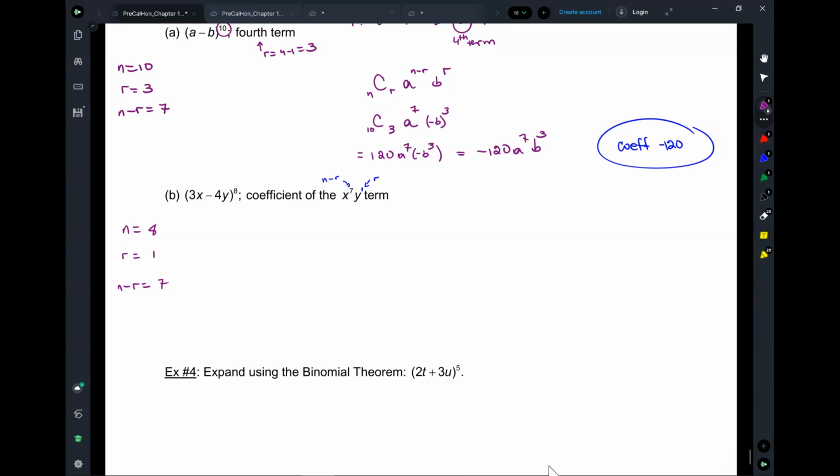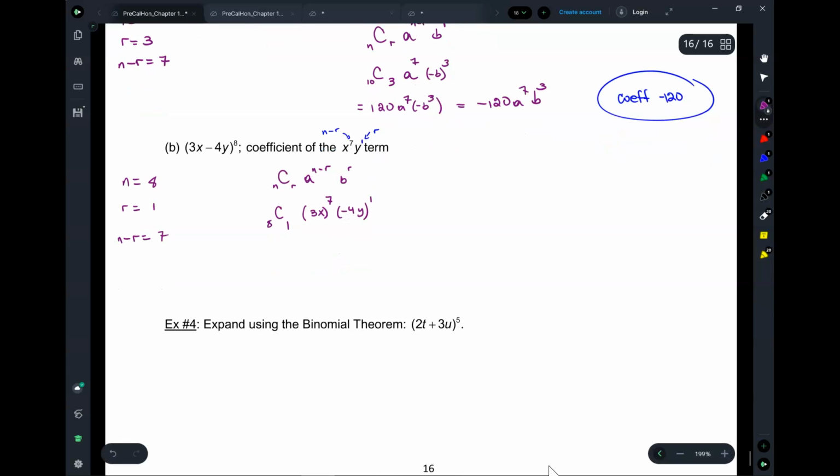So it's C(n, r), a to the n minus r, b to the r. So C(8, 1), a to the n minus r. What's a? 3x to the 7, negative 4y to the, what is it? It was r, 1.